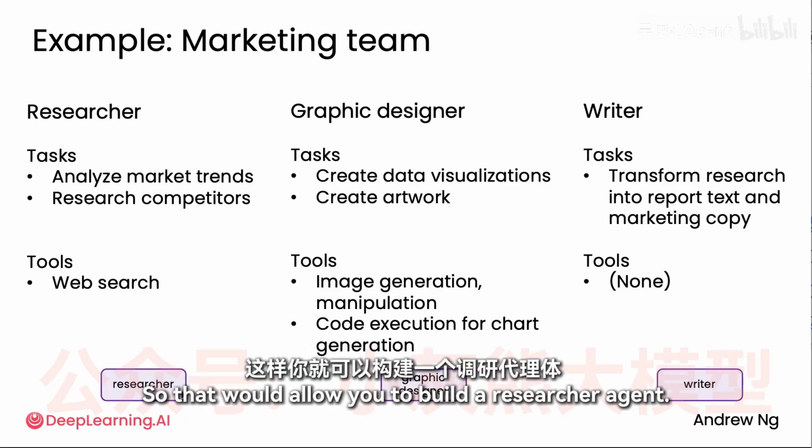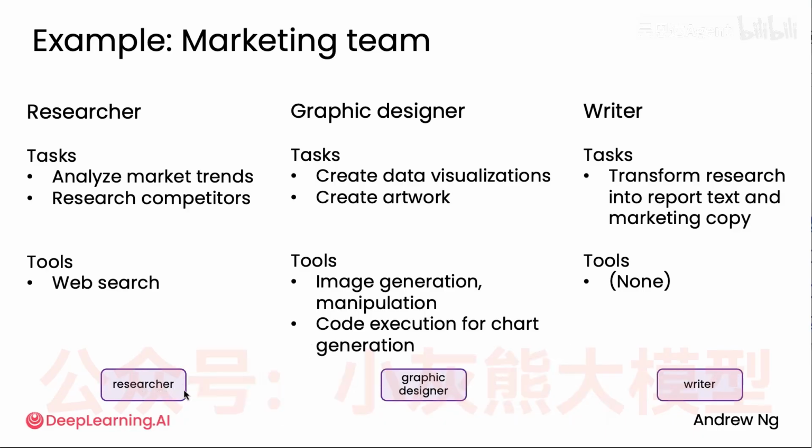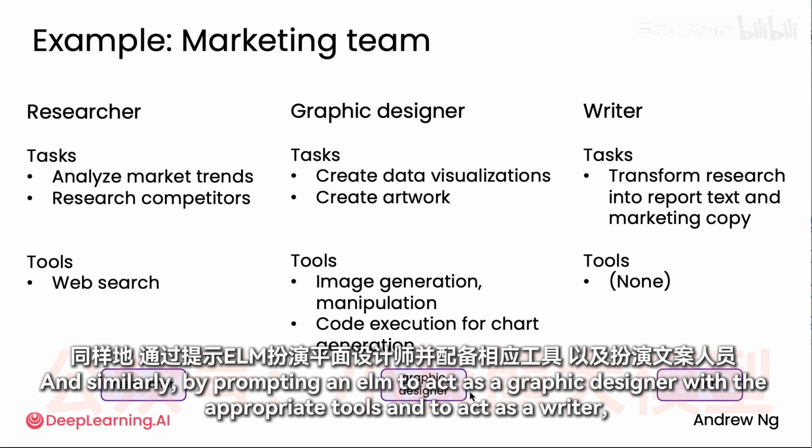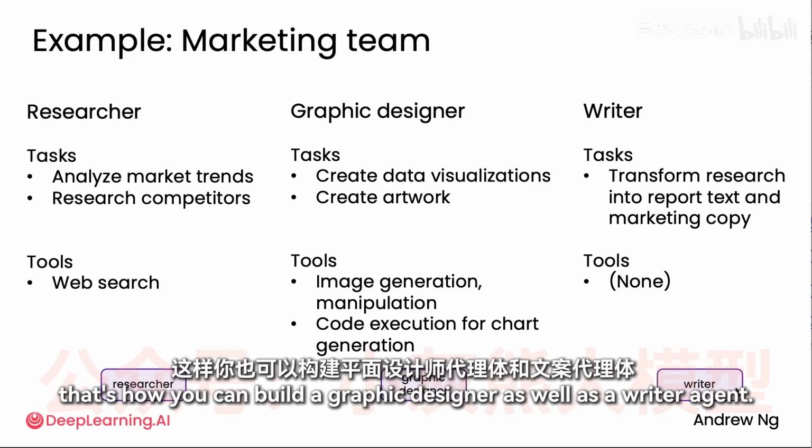So that would allow you to build a research agent. And similarly, by prompting an LLM to act as a graphic designer with the appropriate tools and to act as a writer, that's how you can build a graphic designer as well as a writer agent.